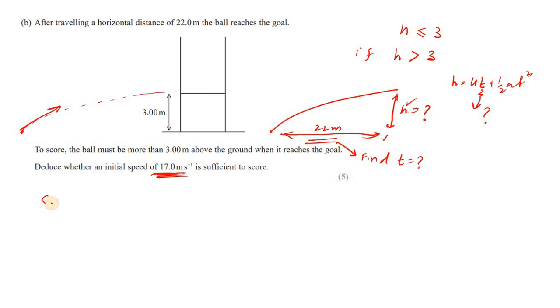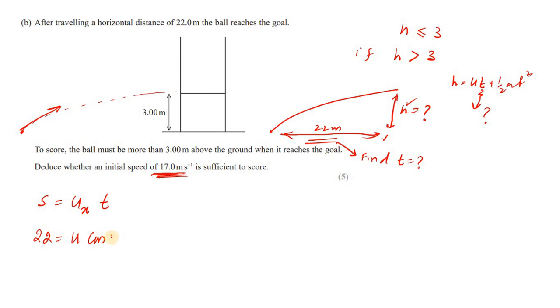So s is equal to ux, which is horizontal velocity, into t. So s is the horizontal distance, which is 22. And this ux is u cos theta, if you remember. So the angle was 35.